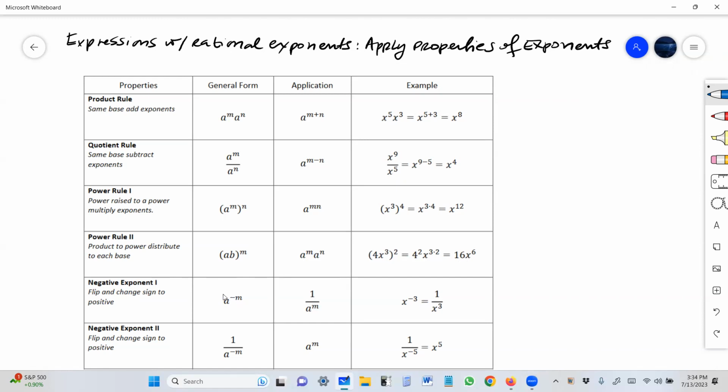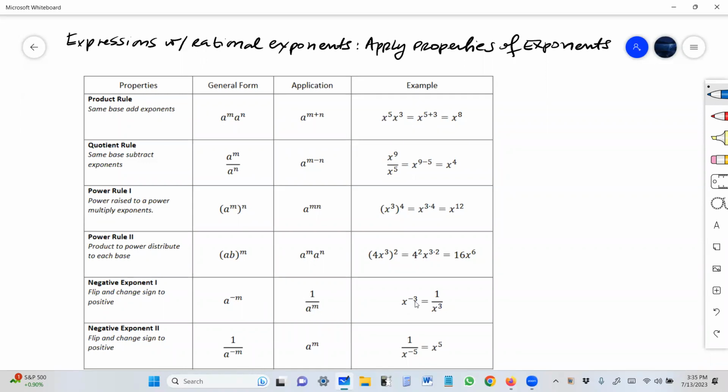Remember that when we have a negative exponent, so this is the negative exponent property, we can never leave the final answer with a negative exponent. So wherever the negative exponent is, it goes to the other side of the fraction as a positive. In the first case, the negative exponent is in the numerator, so it goes to the denominator as positive.